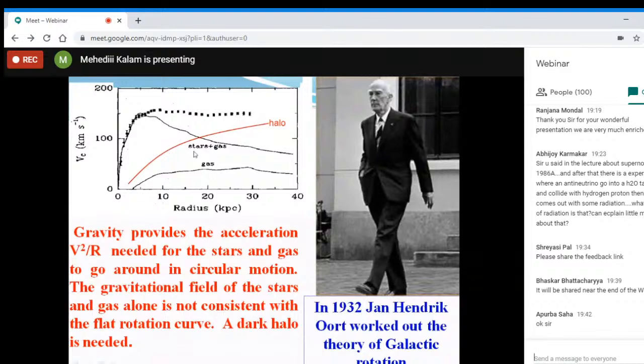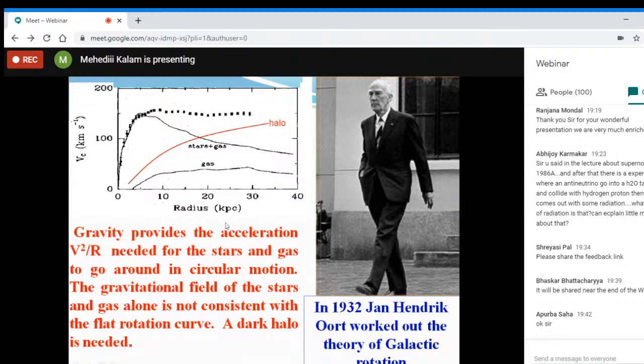If we consider just the stars and the gas, the curve looks like this one, but the observed one is this one. Gravity provides the acceleration v squared by r needed for the stars and the gas to go around in circular motion. The gravitational field of the stars and the gas alone is not consistent with this flat rotation curve. As it is flat, it is called the flat rotation curve.